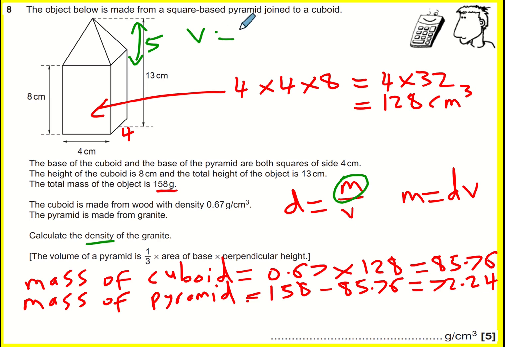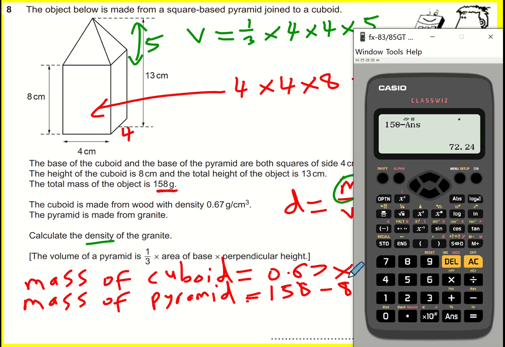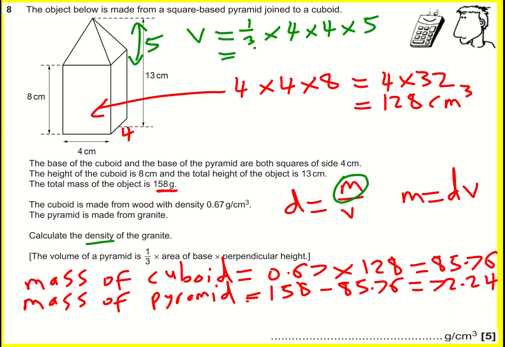So the volume of the pyramid is going to be 1/3 times the area of the base, 4 times 4, multiplied by 5. That's not going to be a particularly nice answer, but let's go with it. So 4 times 4 times 5 divided by 3, 80 over 3. I think I'll just leave it as a fraction for now.